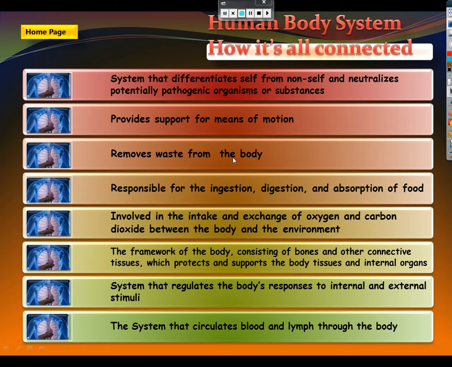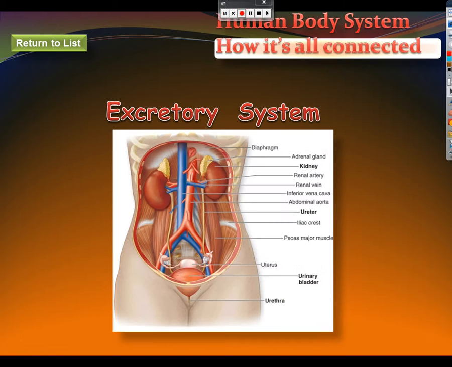Removes waste from the body. Which one is that going to be? Now, digestion would be kind of what some people would generally think, but in reality, your digestion is not responsible for removing waste. It's responsible for something else.